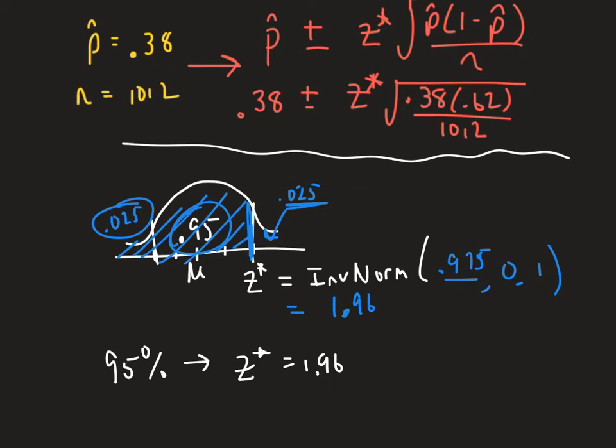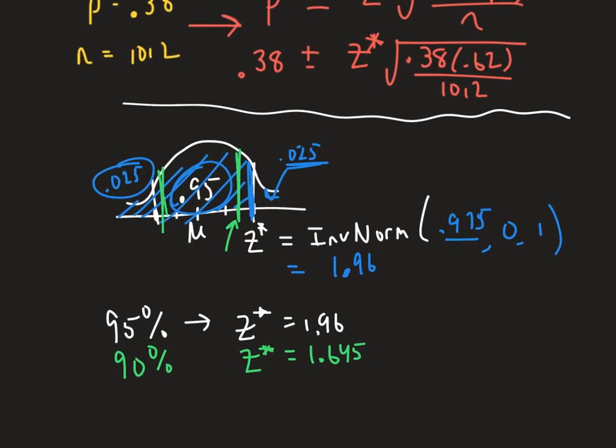Okay, 90%, which is a little bit smaller, right? 90% would only be about here to here. So the z-score there, if you did the same process, you can just kind of take my word for it. The z-star for 90% that we will always use is 1.645. Because it's not quite 2 standard deviations. It's less. It's only 1.645 standard deviations. And then the final one, the big one, if you ever need to be 99% confident, which some problems will say, you're going to use a bigger z-star.